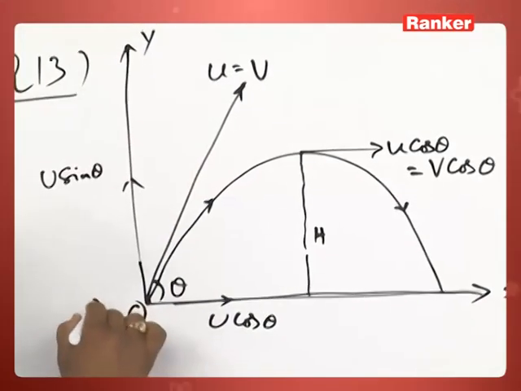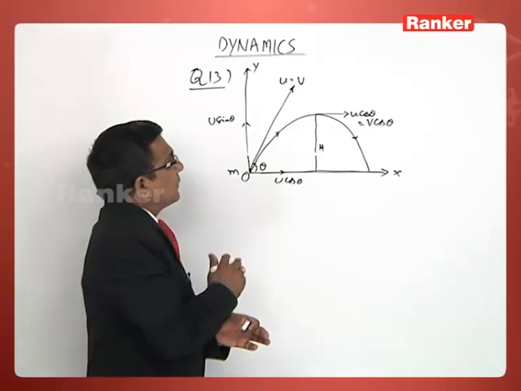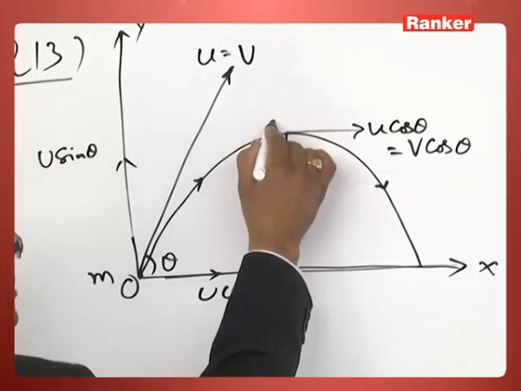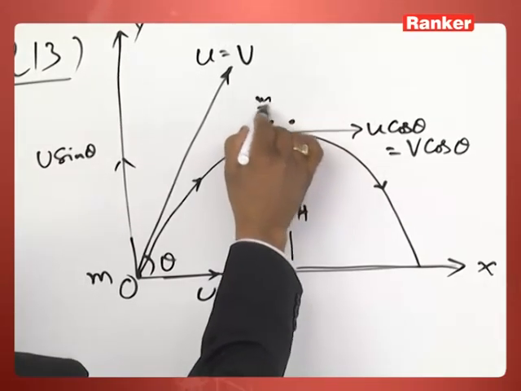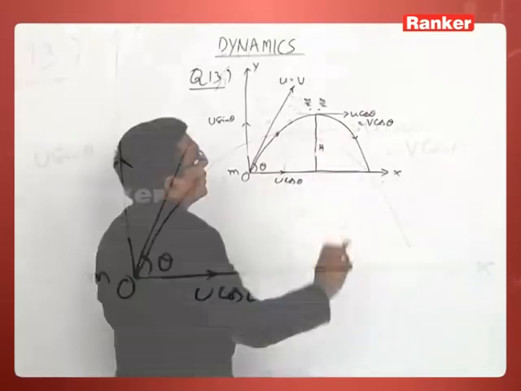But there it explodes into two pieces. Suppose the mass of the shell is m. By the time it comes here, it has exploded into two pieces of equal mass, m by 2 and m by 2.